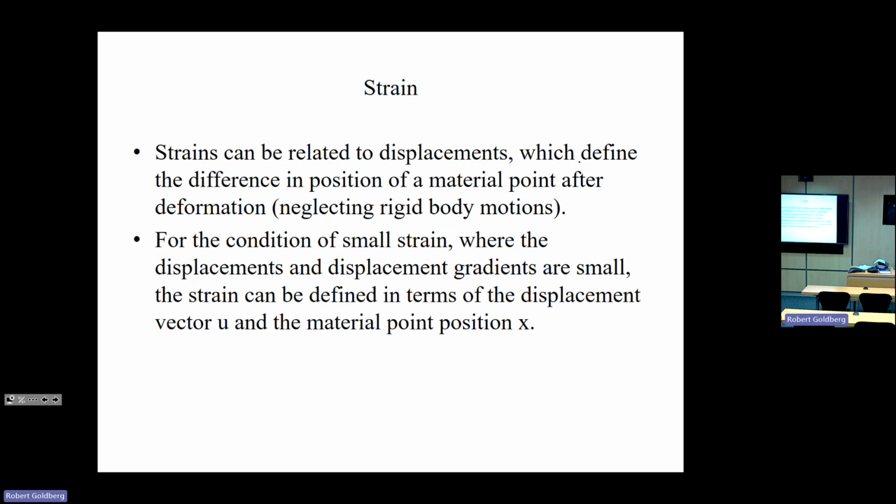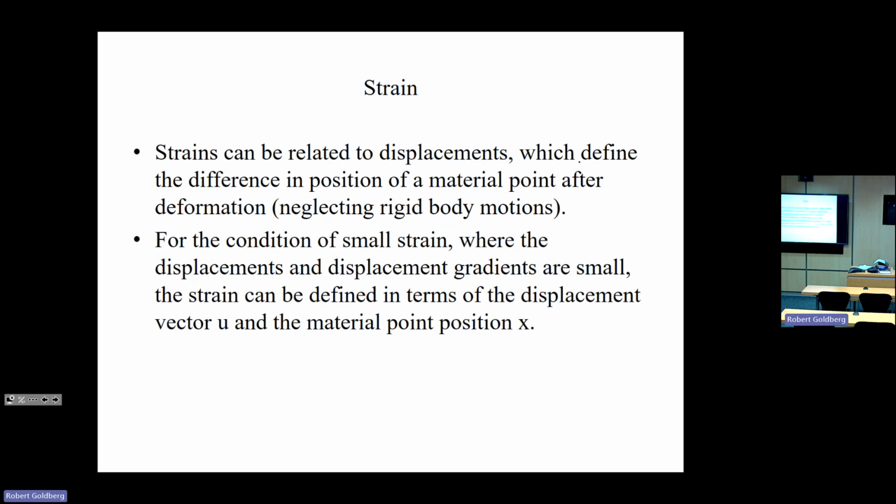So, we talked about stress. The next major topic is strain. So, the same way stress is related to force, strains can be related to displacements, which define the difference in position of a material point after deformation. And of course, we're always neglecting rigid body motion.